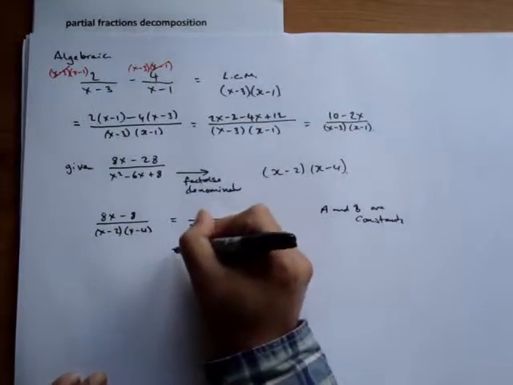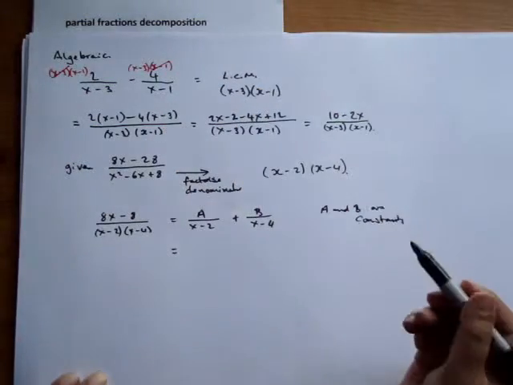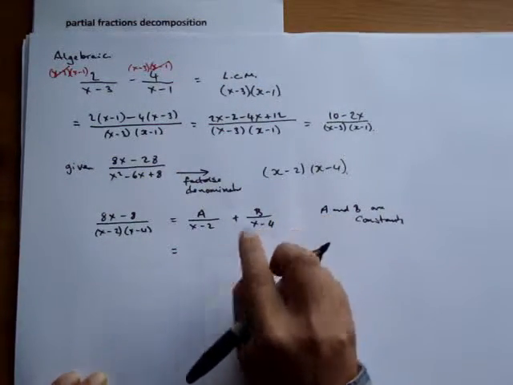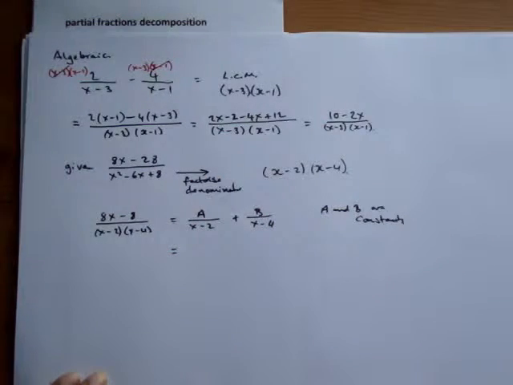Then we do as we did in this case: we get the lowest common multiple and multiply the top.